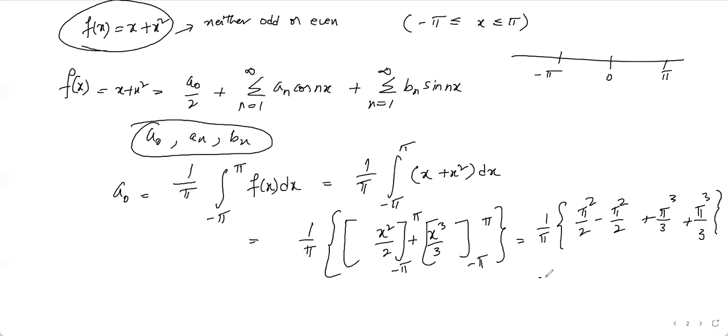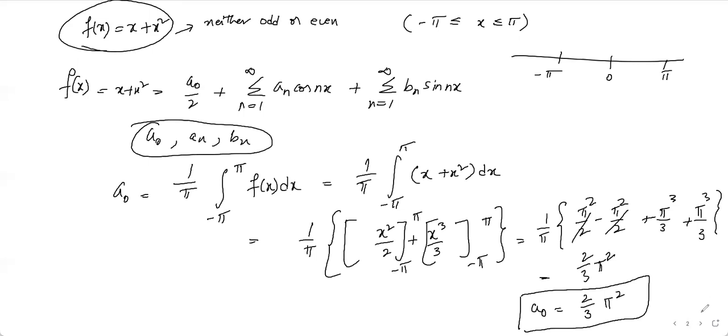Now this would lead to 2 by 3 pi square. So we got a naught, which is 2 by 3 pi square. Okay, got this result.